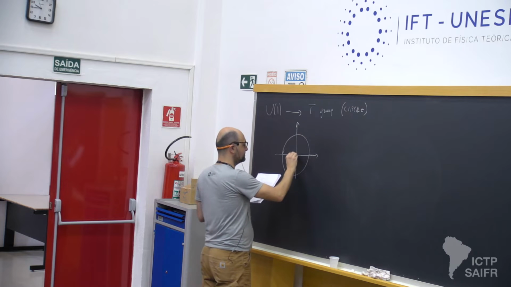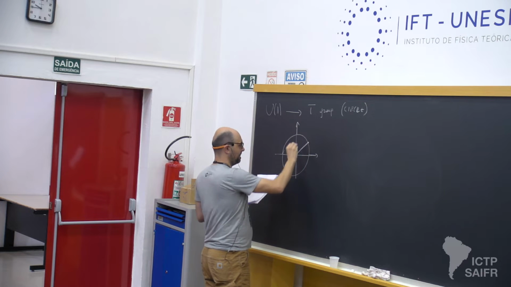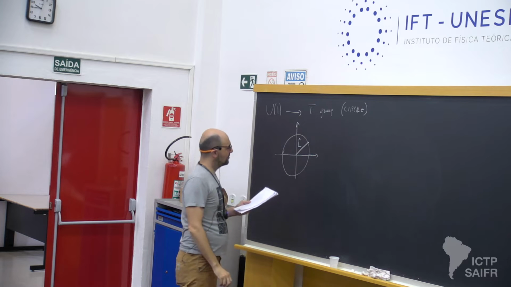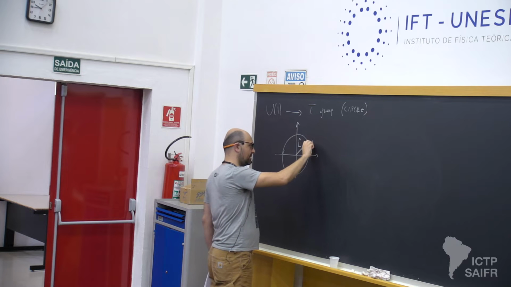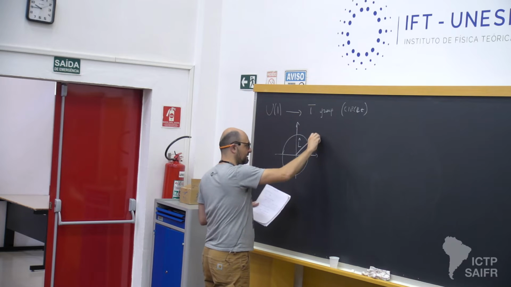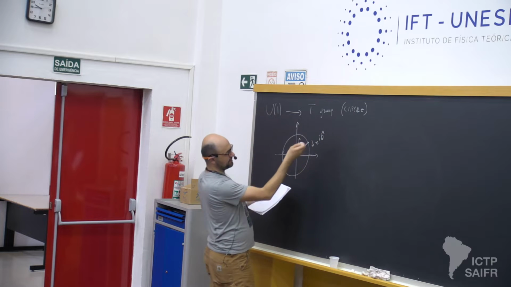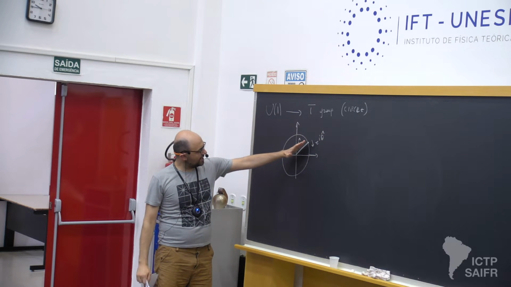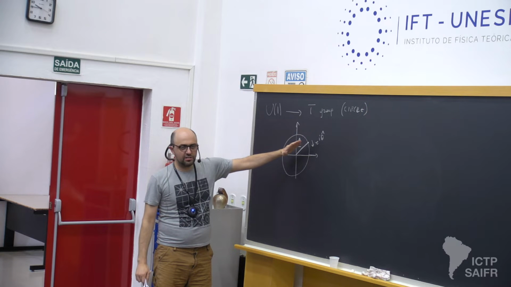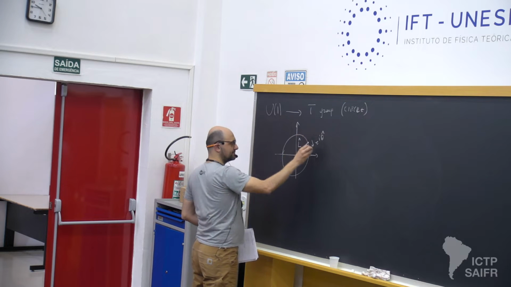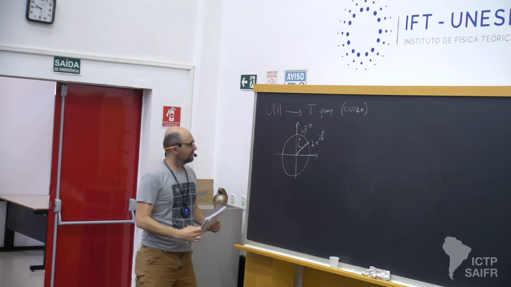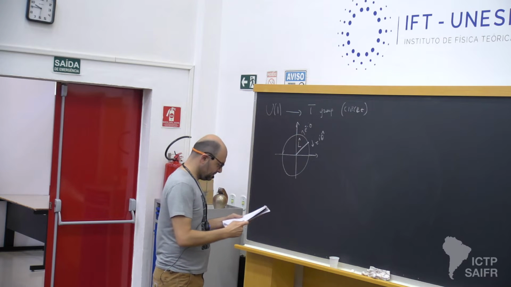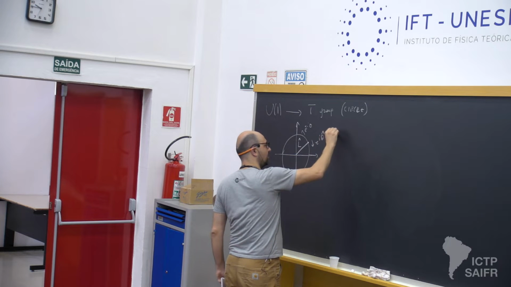One operator that tells us where we are on the circle, and another operator that moves around the circle. Okay? And this operator we call e to the i theta. So if we have a state with a given value of L, if I apply e to the i theta, then it changes the state by an angle. And if we apply e to the minus i theta, then it changes in the opposite direction, of course. Okay? So this is our U1 variable. This is sometimes called parallel transporter.